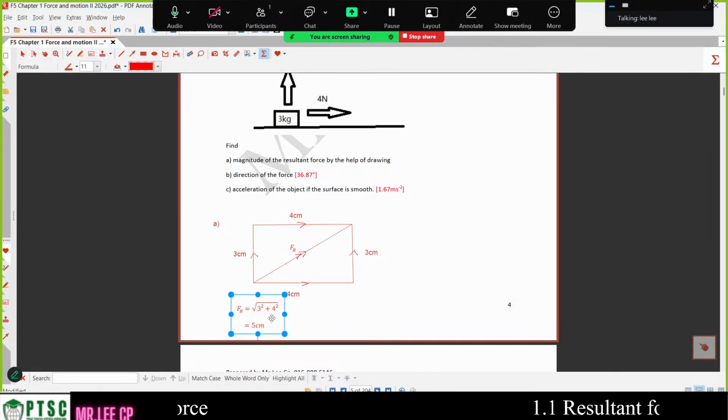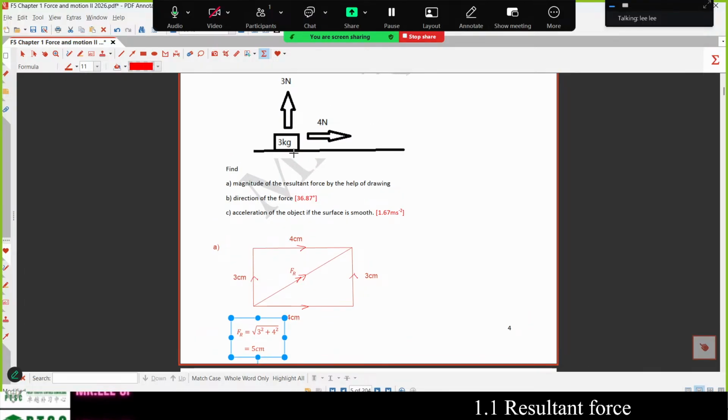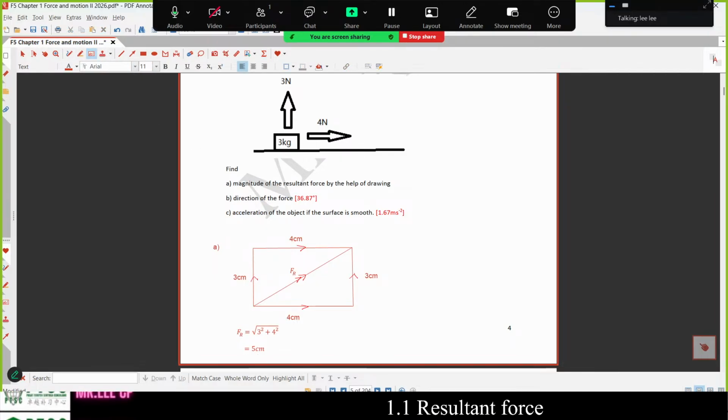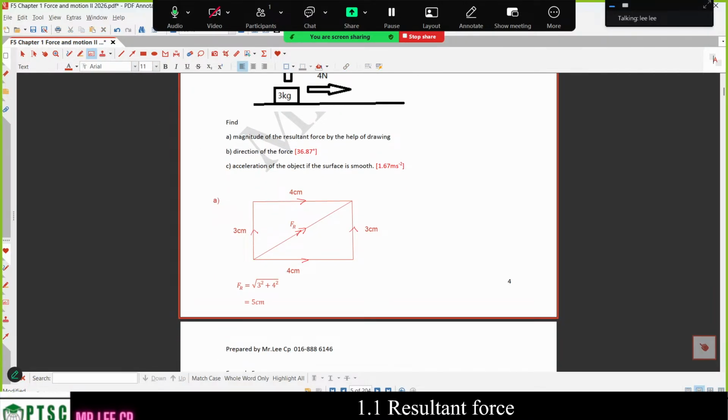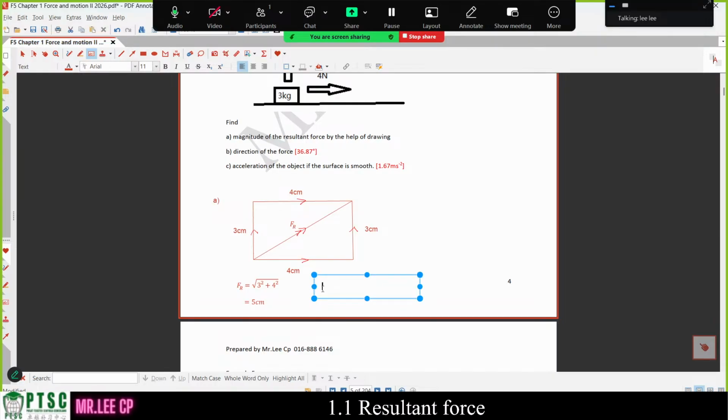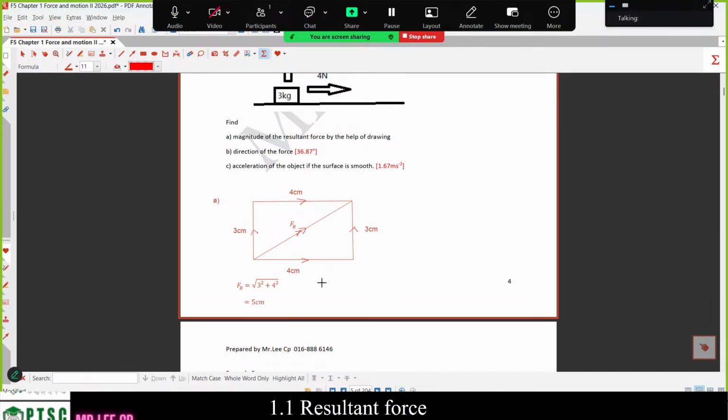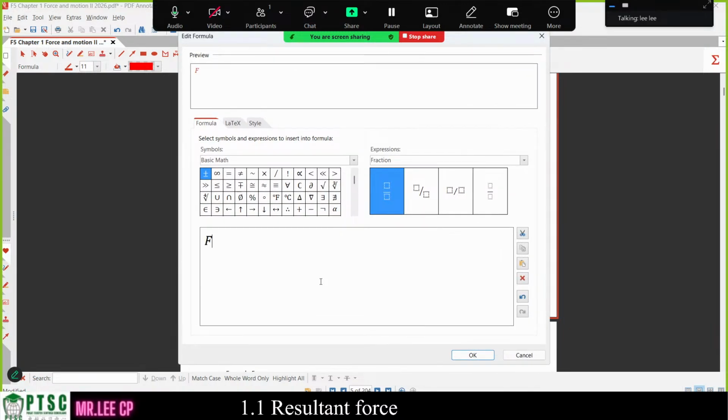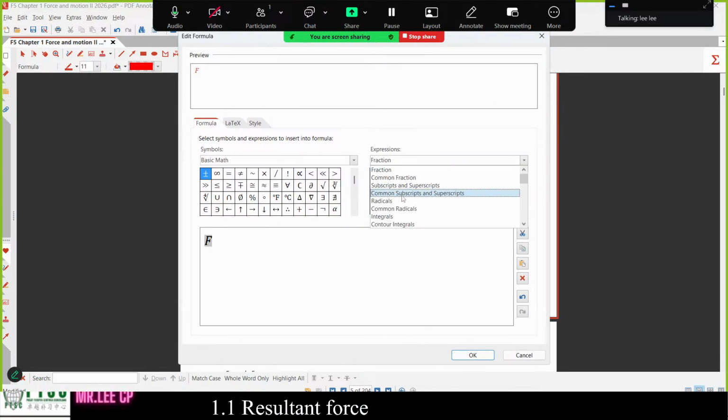So we know that 3 cm represents 3 Newton, and 4 cm represents 4 Newton. So what is the resultant force? You can straight away answer here. The resultant force will be equal to 5 Newton. So you write the answer: resultant force is equal to 5 Newton.